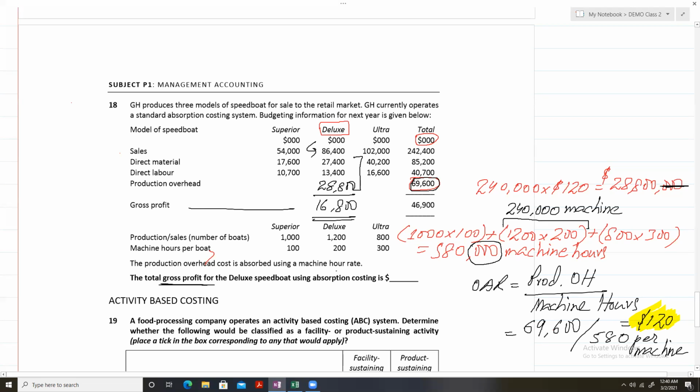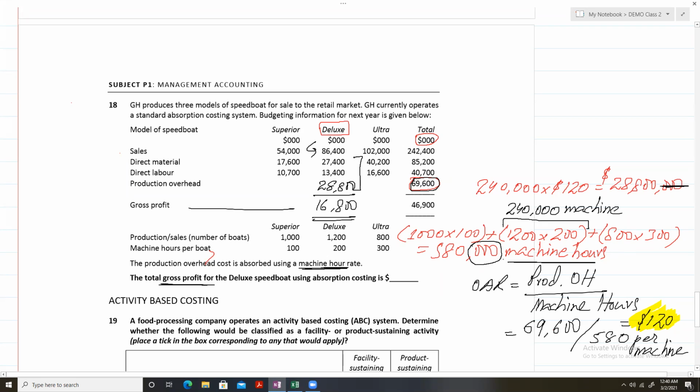First of all, we are told that these overheads are absorbed on the basis of machine hours. So first we found out the total machine hours, and we got 580,000 as our total machine hours.